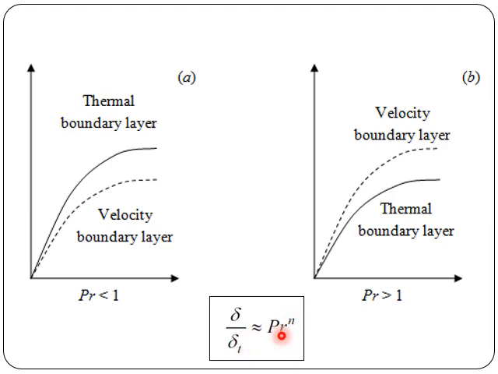So they are a function of Prandtl number. So this ratio you can equate with Prandtl number raised to n. What it means is, if the thickness of the velocity boundary layer is less as compared to the thermal boundary layer, then you can say that the Prandtl number is less than 1.